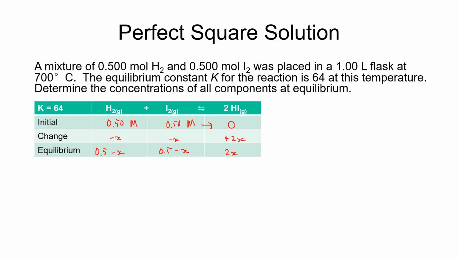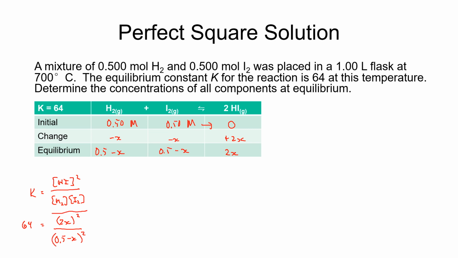So if we put this into the constant expression, the constant is going to be equal to the hydrogen iodide squared all over the hydrogen times the iodine. So the constant is 64, and on the top we're going to have 2x squared, and on the bottom we're going to have 0.5 minus x squared.